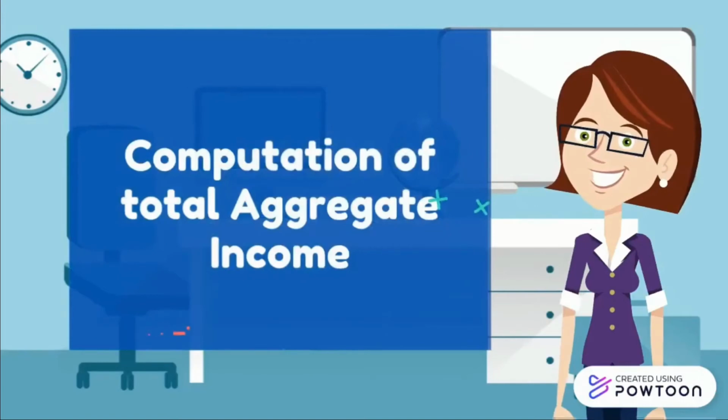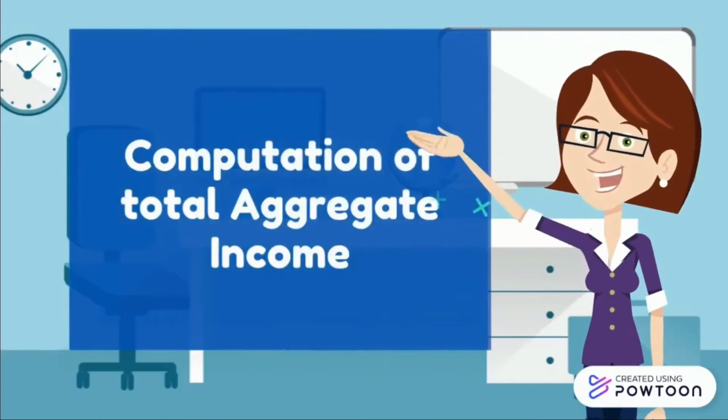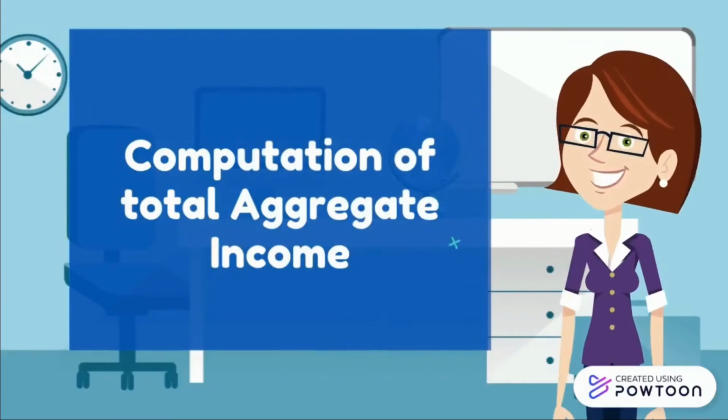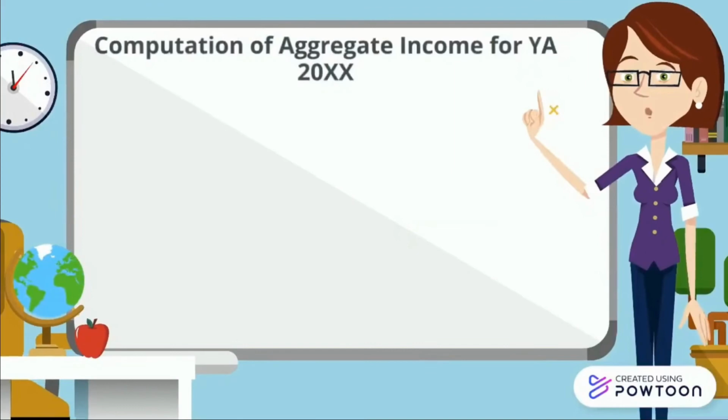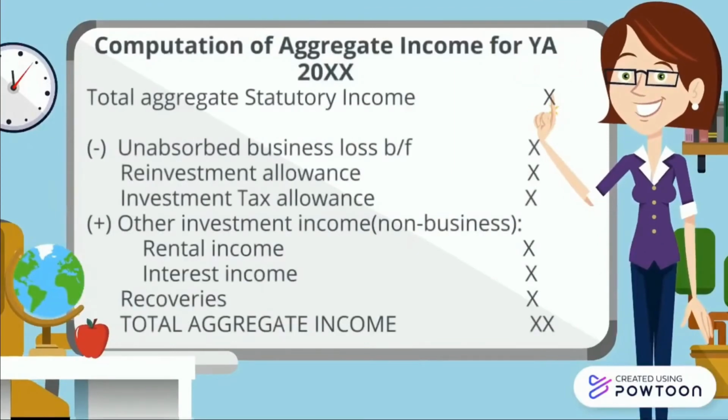The next step for computing the total income or chargeable income is the computation of total aggregate income. In order for you to compute the total aggregate income, it is important to identify which amounts need to be included or deducted.